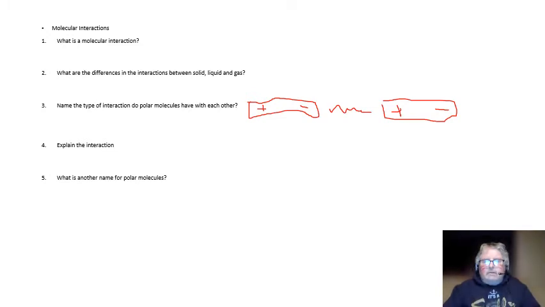And so what we get here is what we call electrostatic attraction between polar molecules. This is called a dipole-dipole interaction. I went over this in the slides in the lectures, and you can go look it up. I don't want to go over it all now, okay? And another name for a polar molecule is hydrophilic.